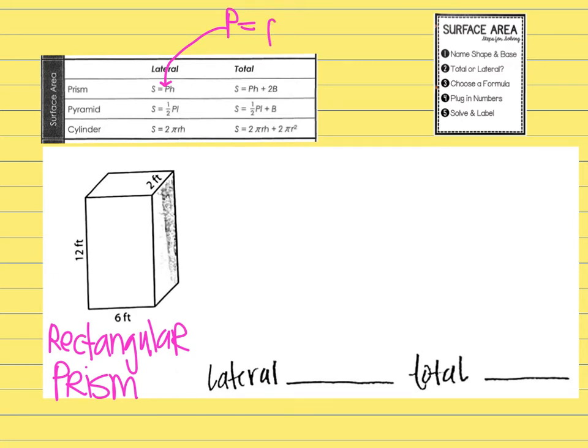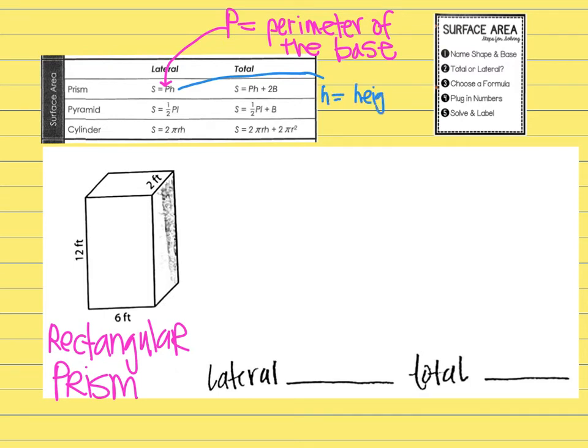Capital P means perimeter of the base. And the little letter H, that represents height of the prism, which is the line that's connecting the two bases.